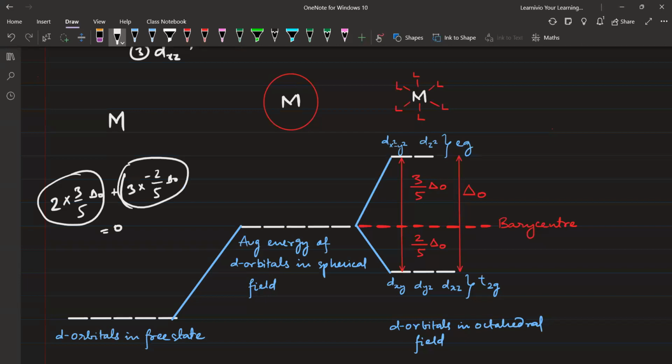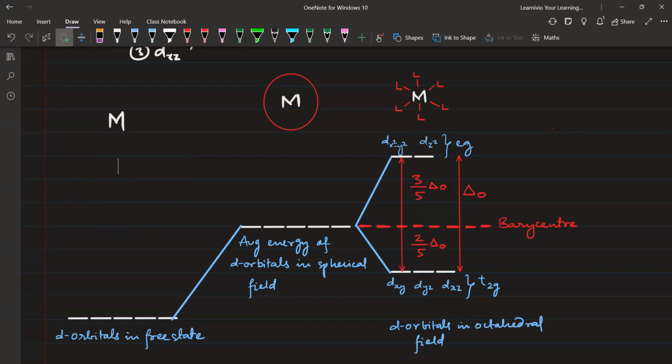Approximately it is going to give you 0. That is the barycenter once again. Fine. So average energy is going to be constant because energy can neither be created nor be destroyed, and hence there should be a decrease in the energy of T2G levels. Why? Because there is an increase in the energy of EG levels. To conserve energy, we have to decrease the energy of T2G levels. That is the explanation why.